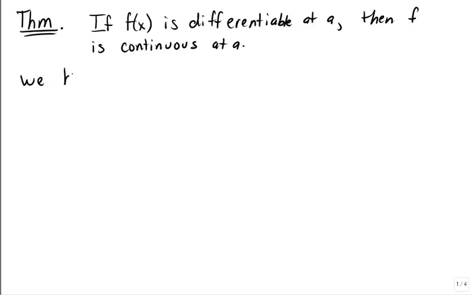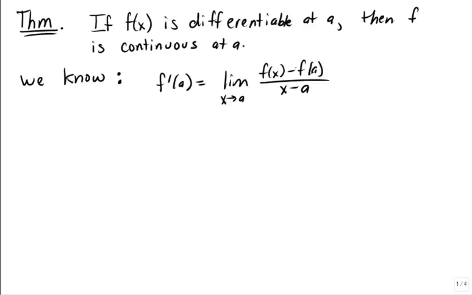So let's do something we know. We know f prime of a is the limit as x approaches a of f of x minus f of a over x minus a. So we have to show, in order to be continuous, that the limit as x approaches a of f of x is f of a.